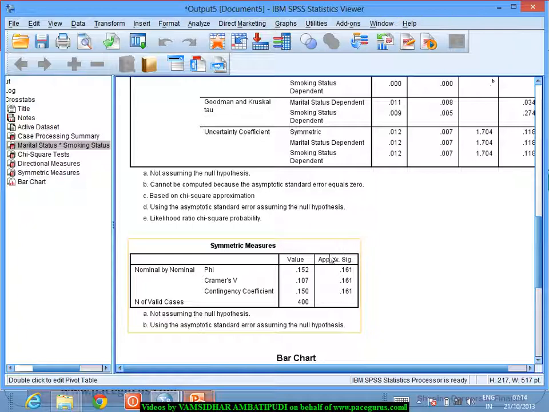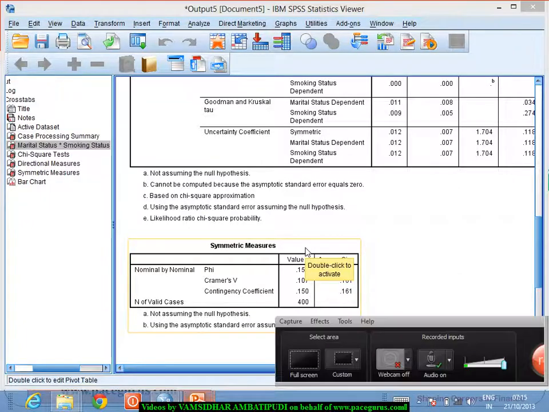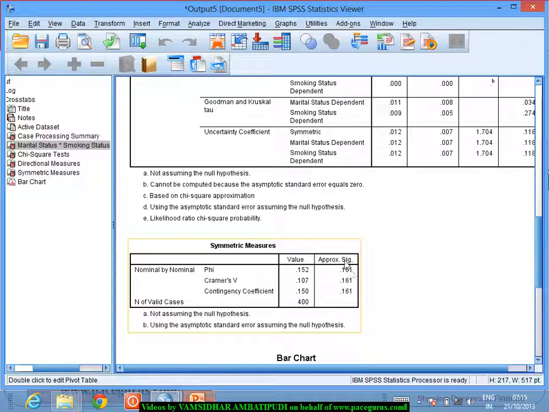Again, for the symmetrical measures also, we are seeing that the significance levels are greater than 0.05. But if the significance levels are less than 0.05, we could have gone further and simply assessed these values. Right?